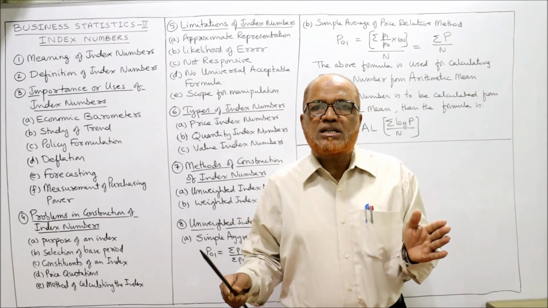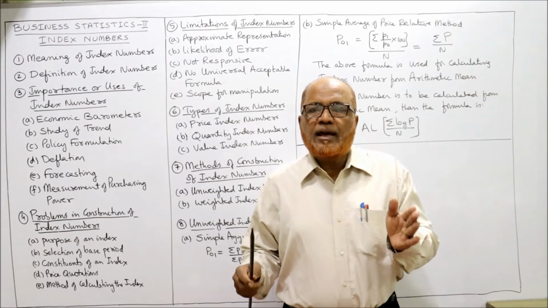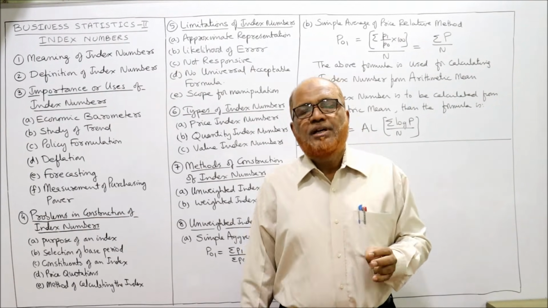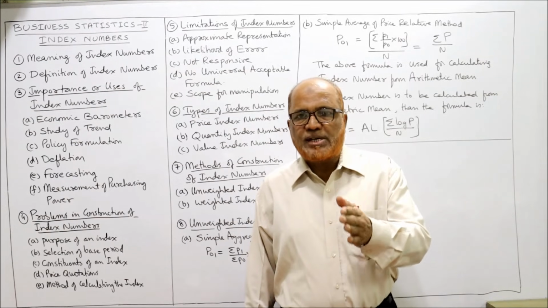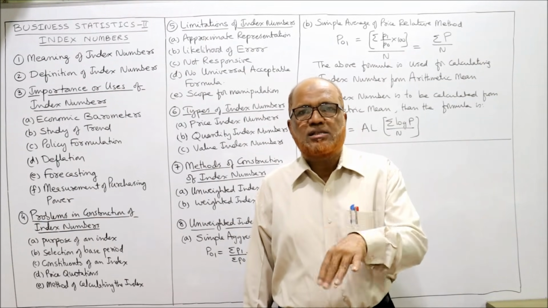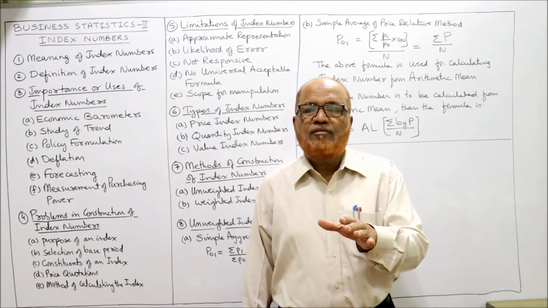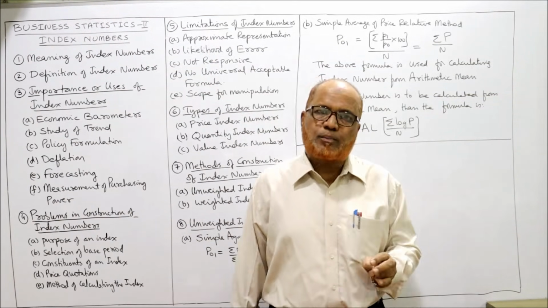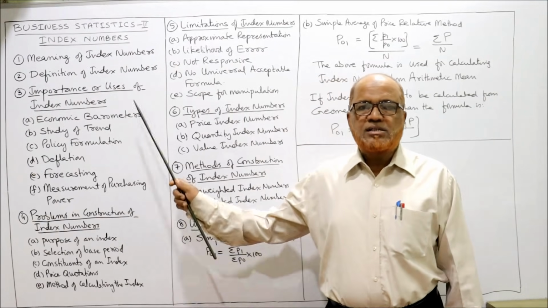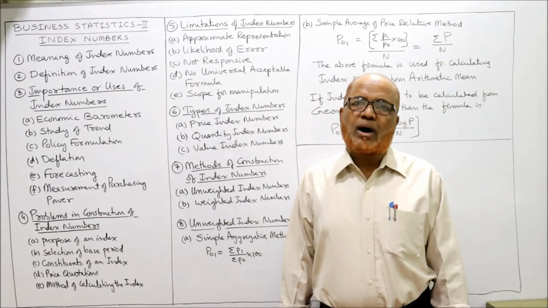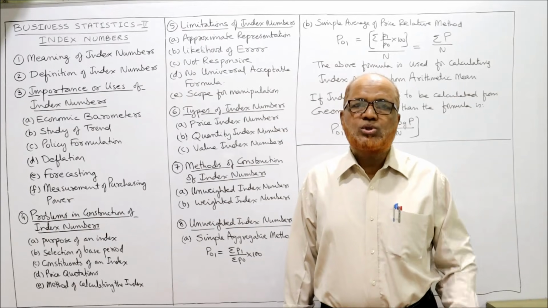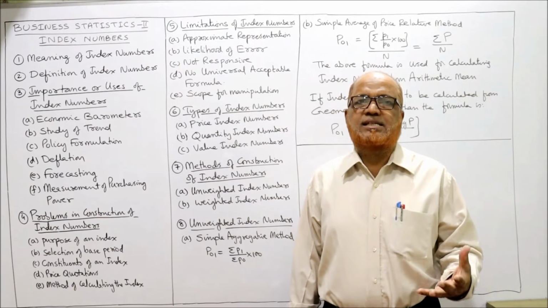The different sectors of the economy, like imports, exports, production, consumption, how they are changing from one point of time to another. That's why index numbers are called economic barometers, because we can use them in economic analysis.